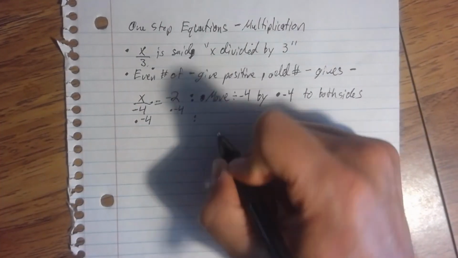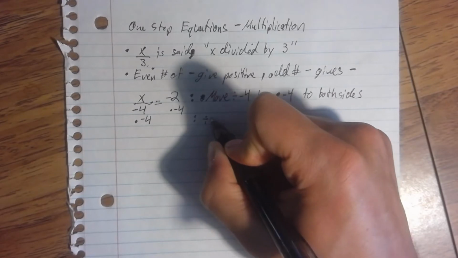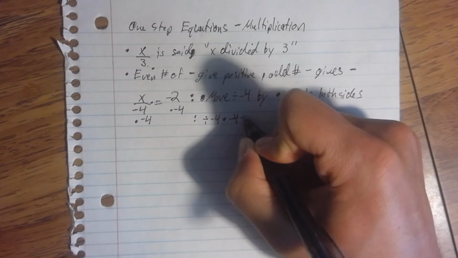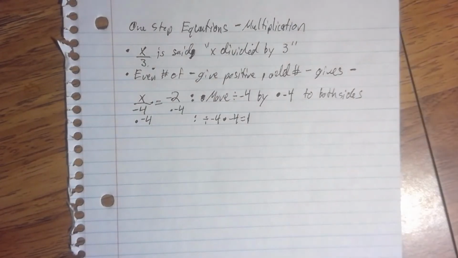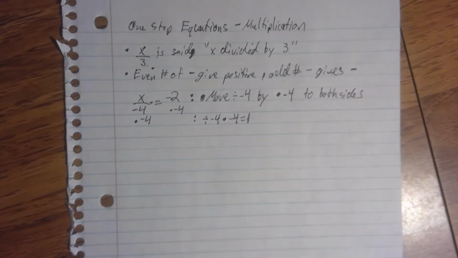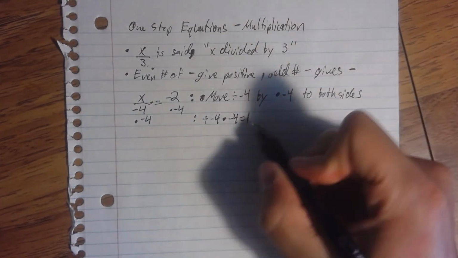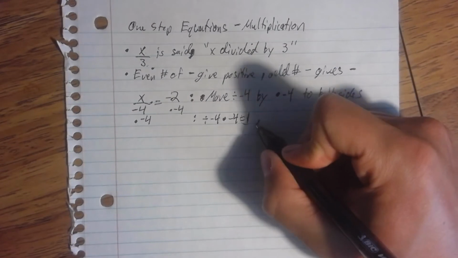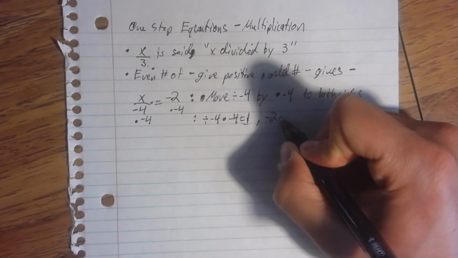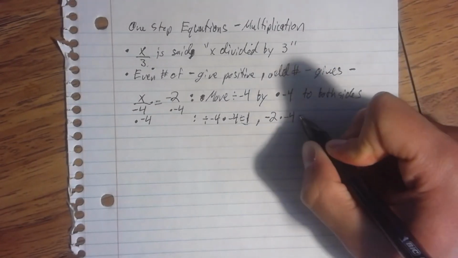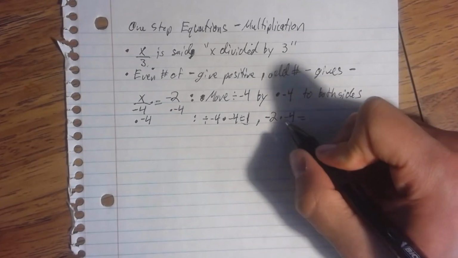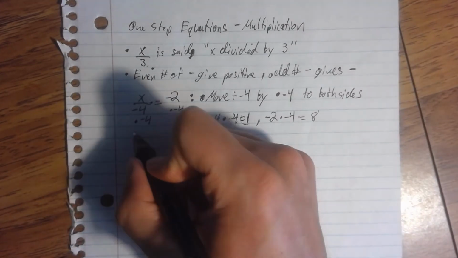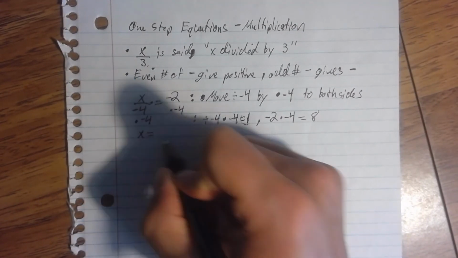And a divide by negative 4 times a negative 4 gives us a 1, which is what we want. If you remember our properties of real numbers, we're trying to get to a 1, which is the identity here. And then when we do negative 2 times negative 4, the two negatives give us a positive, and we get a positive 8. So we can just end this by saying that x equals 8.